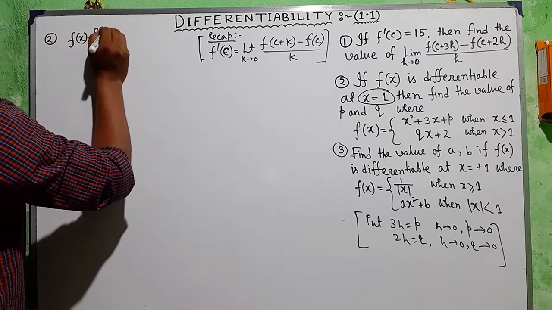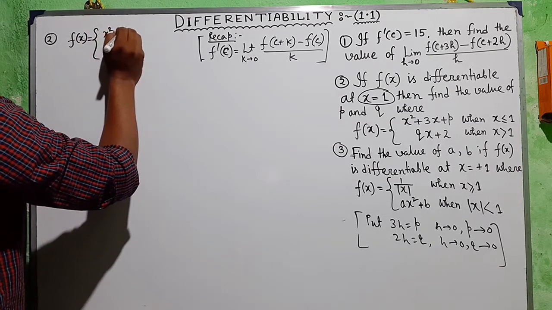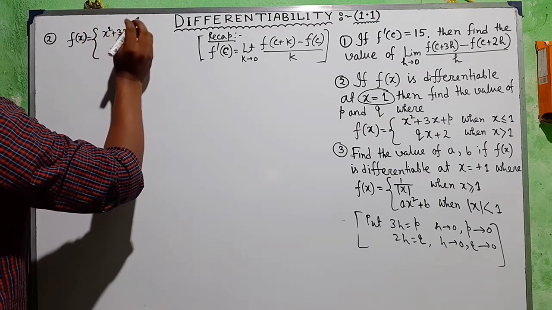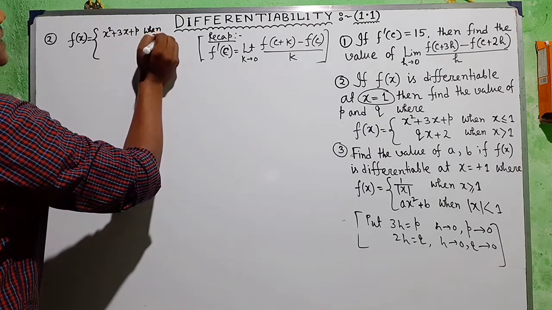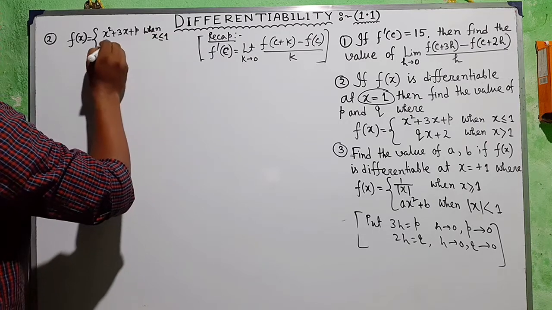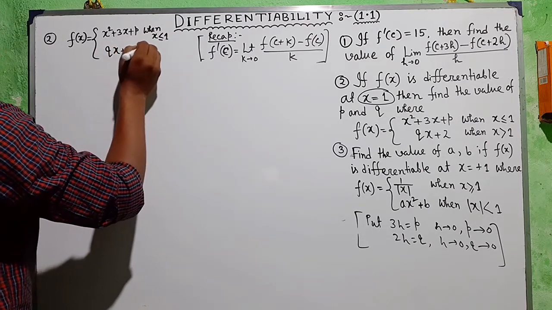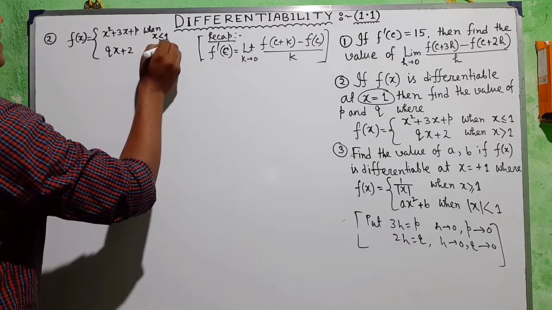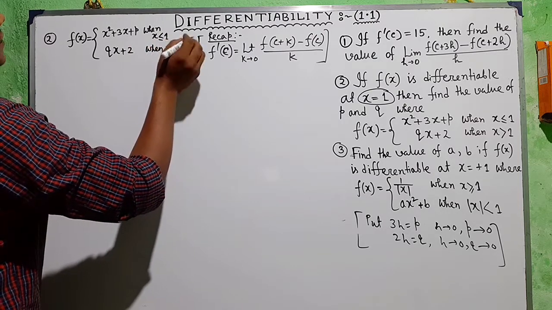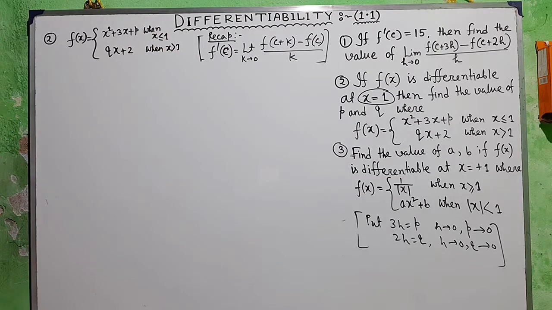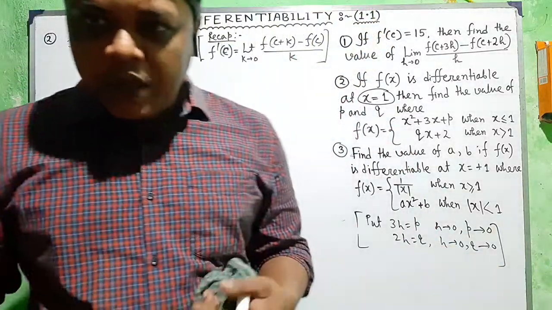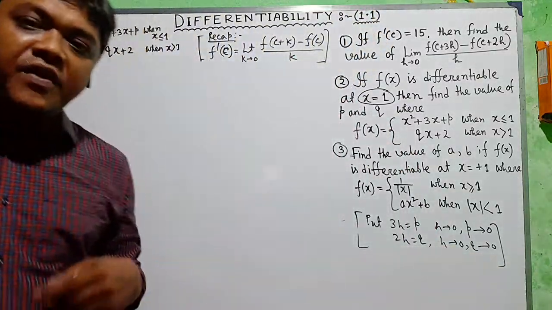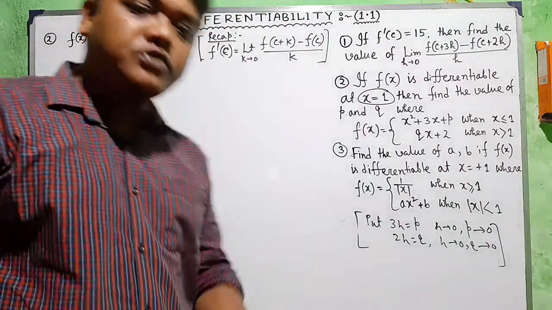That is x square plus 3x plus p when x is less than or equal to 1, and qx plus 2 when x is strictly greater than 1. Okay? So now we have to find the value of p and q when the function is differentiable at x equals 1.